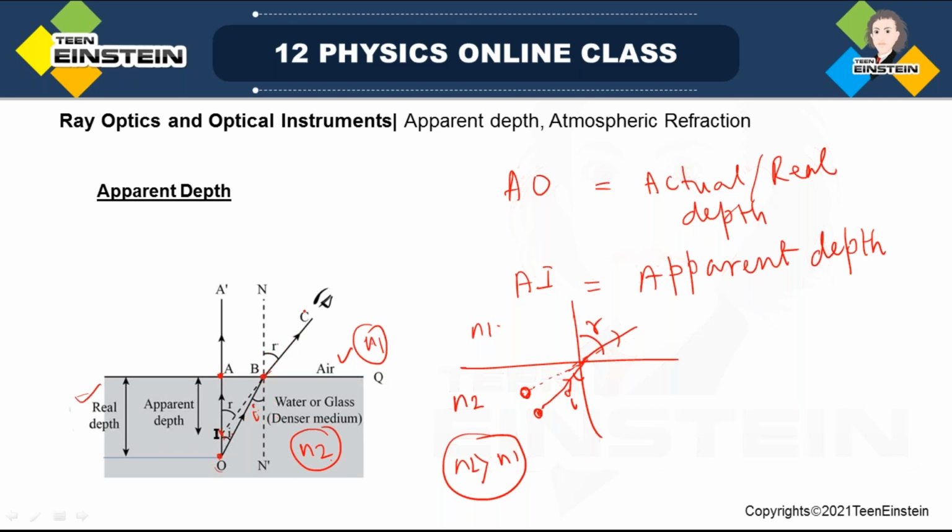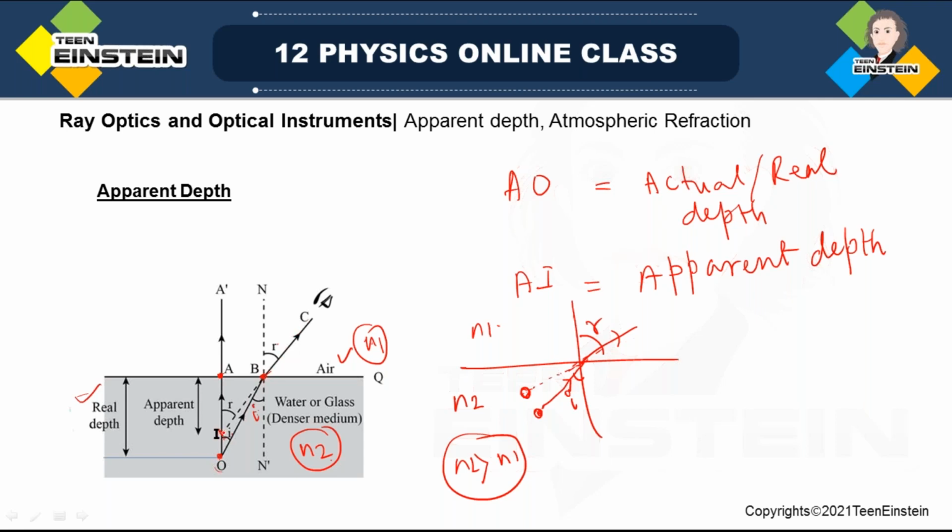Look, if you see from above the surface of the water, you will see this refracted ray, and our eyes will see in a straight way behind this BC ray. We will not be able to see the actual path OB, rather we will see BI.